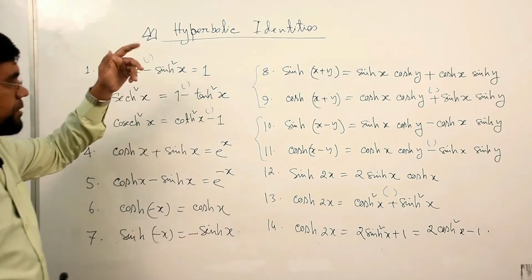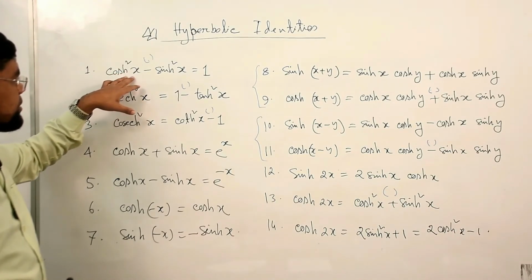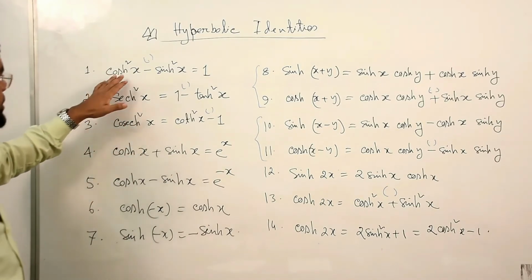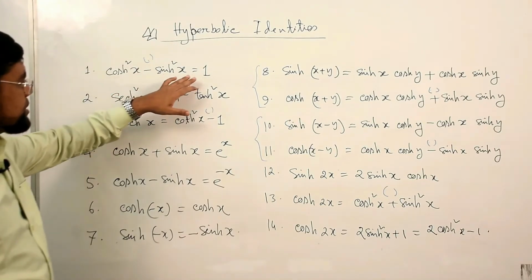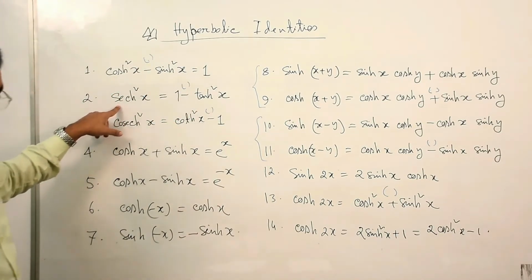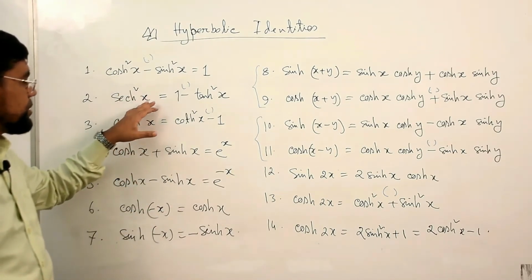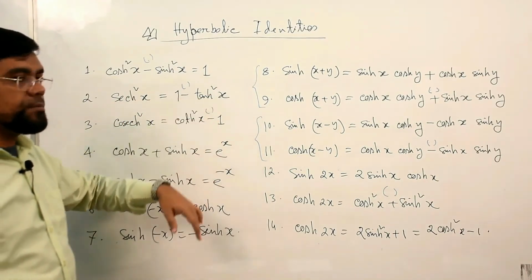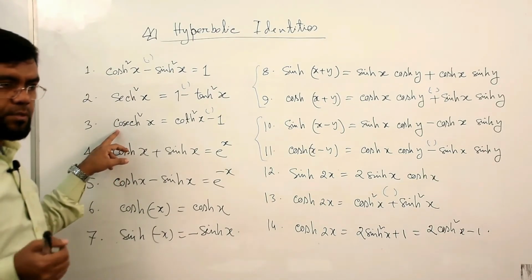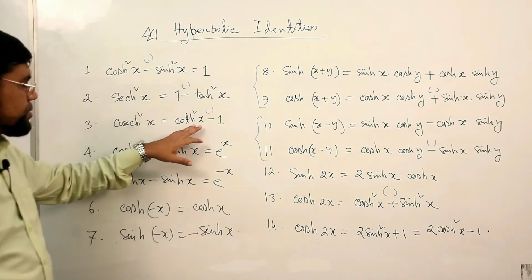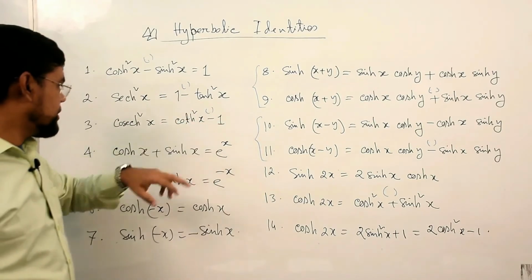In trigonometric functions, we know cos square theta plus sin square theta equals 1, but here in the hyperbolic case, it is minus and the answer is 1. In the normal trigonometric case, sec square theta equals 1 plus tan square theta, but here sech square theta equals 1 minus tanh square theta. And in the normal case, cosec square x equals 1 plus cot square x, but here cosech square x equals coth square x minus 1.